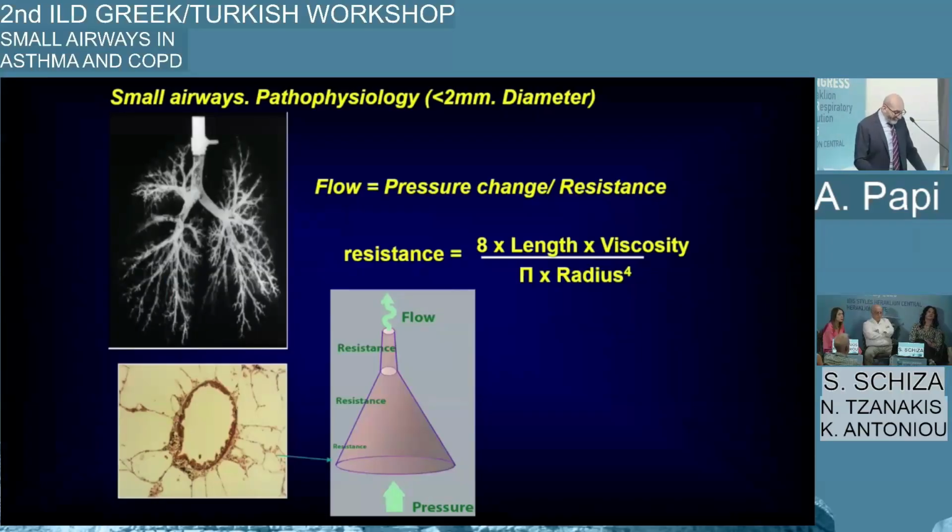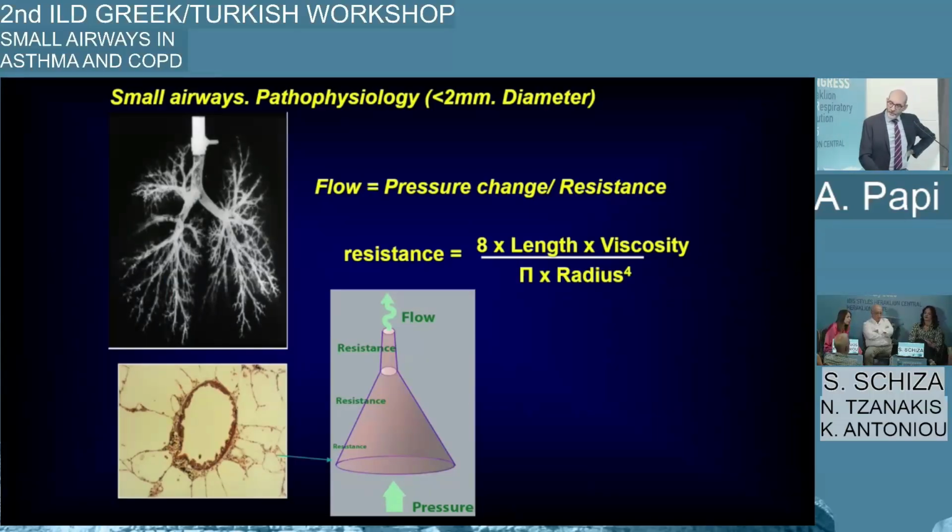Is it relevant from a physiological standpoint? Well, in normal conditions, to tell the truth, peripheral airways do not contribute much to the overall resistance. They account for around 10% of the overall resistance of the respiratory tract.